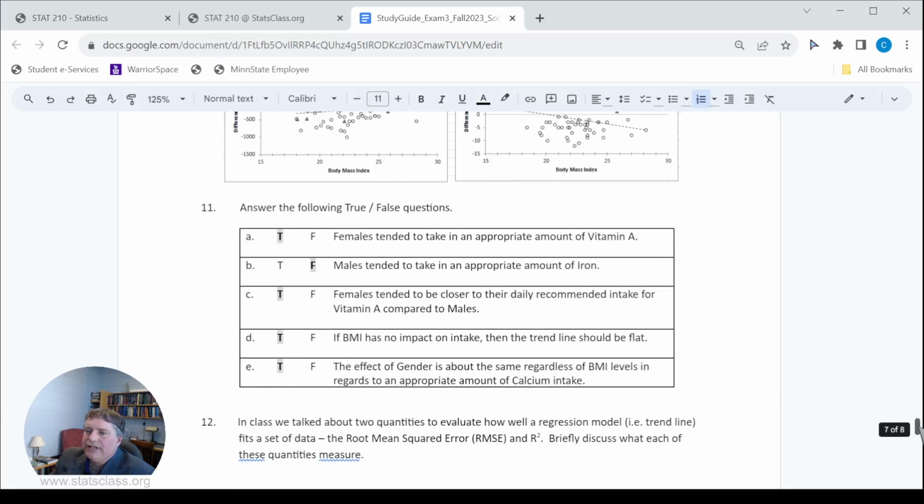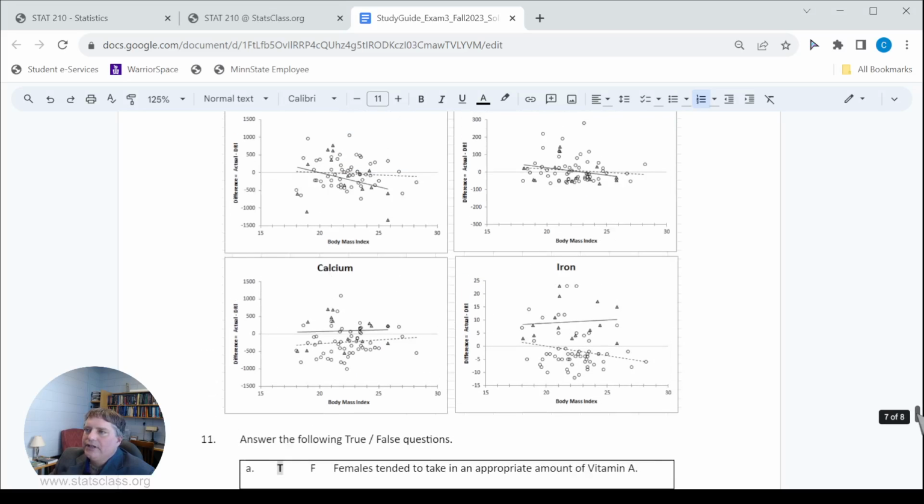The last one is about gender. So how do I look at the effect of gender? The effect of gender is the gap between the two sets of lines. So here, look at the gap for calcium. This is low BMI. Now look at the gap in these two for calcium for high BMI. That gap is pretty much the same. So the effect of gender is the same regardless of one's BMI here.